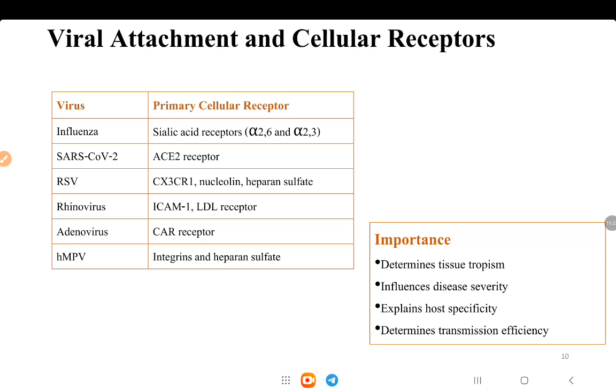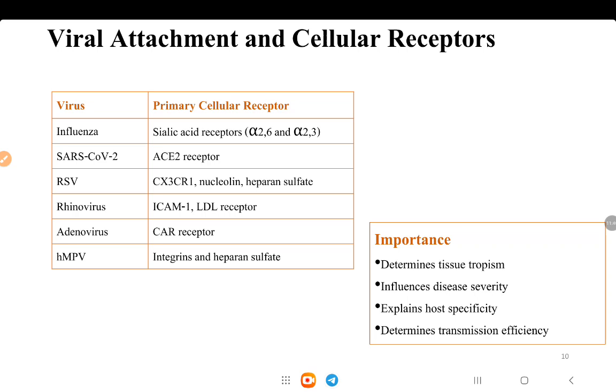Knowing the type of attachment or cellular receptor is very important because it determines the infection. The specific receptor used by the virus determines its tissue tropism, which cells and tissues are susceptible to infection. This explains the disease severity, host specificity, and transmission efficiency.